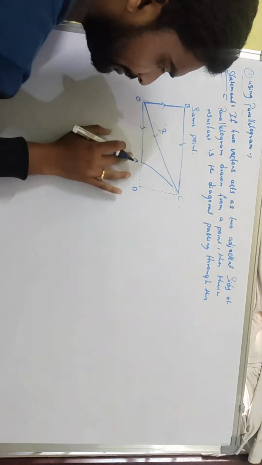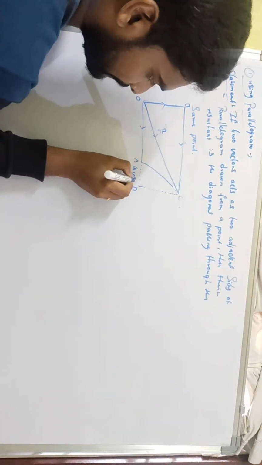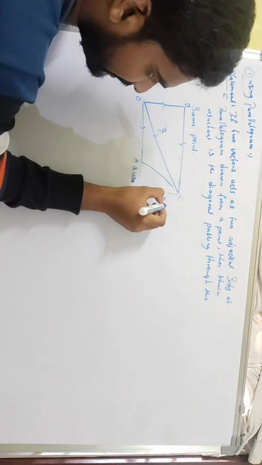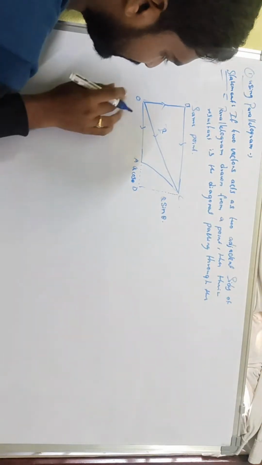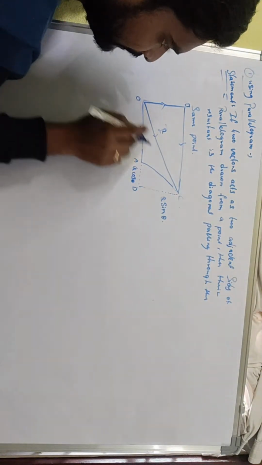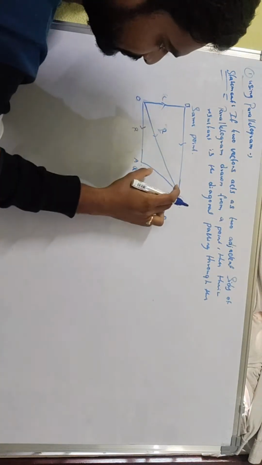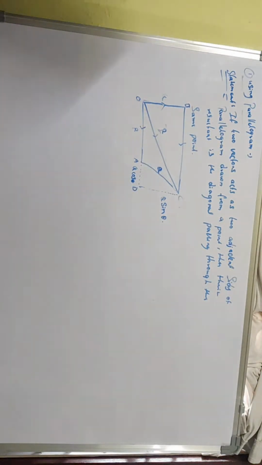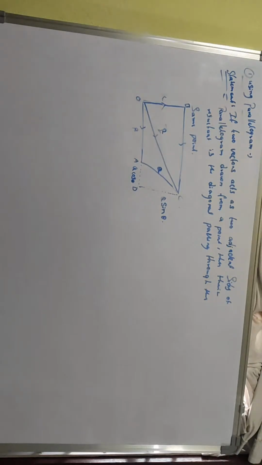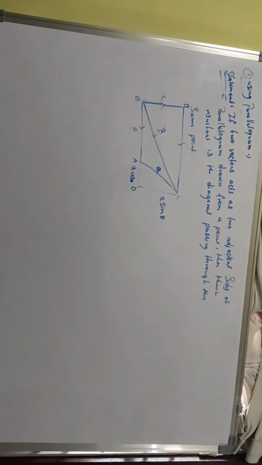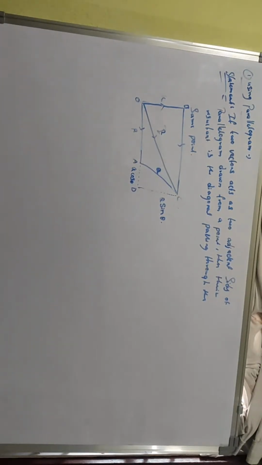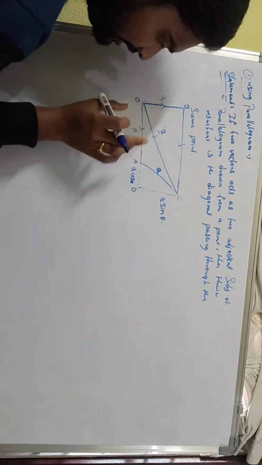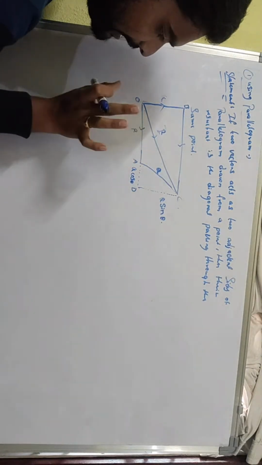This is the horizontal component, taken as Q cos theta, and this is the vertical component, Q sin theta, and OA becomes P and OB becomes Q. Now clearly it shows a right angle triangle in the parallelogram.